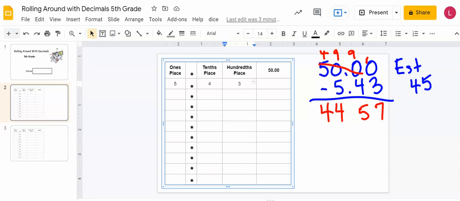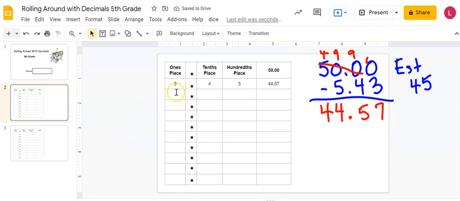And that is 44, can't forget my decimal, and 57 hundredths. Was that about 45? It's really close to it, isn't it? So now my new total here is 44 and 57 hundredths.